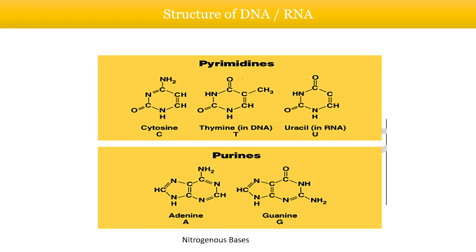But we need to categorize them according to their structural features. So these nitrogenous bases are differentiated into pyrimidines and purines. In the category of pyrimidines, you have cytosine, thymine, and uracil. These structures are very, very important for your exams, because there might be questions where you're given a particular structure and you're asked about the name of that particular nitrogenous base.